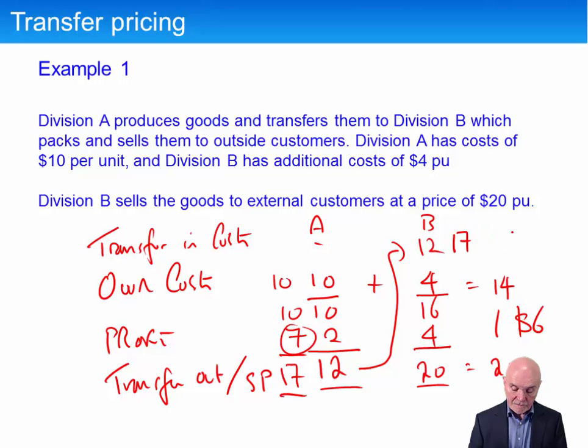Their own costs of 4, they're going to have 21, and they're going to be making a loss in there. So that transfer price would simply not be operative, although A would dearly love to sell at 17. B will not want to buy at 17 because that condemns it to making a negative contribution of 1 per unit.